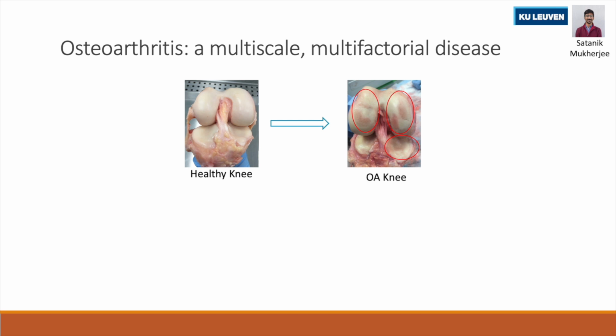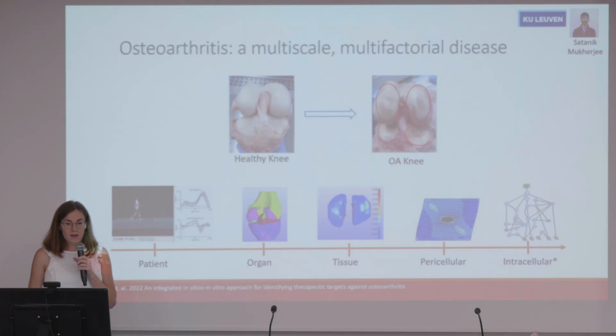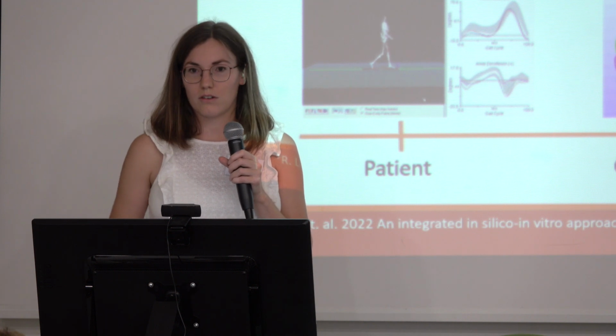For instance, osteoarthritis is a degenerative disease of the knee joint, and you may have a multi-scale model that is looking at the gait cycle of a human body, looking at how it affects the movement of the joint, the forces in the tissue, how this affects the forces sensed by the cells, and all the intracellular chemistry that is triggered, and how this can affect the degeneration of the cartilage.